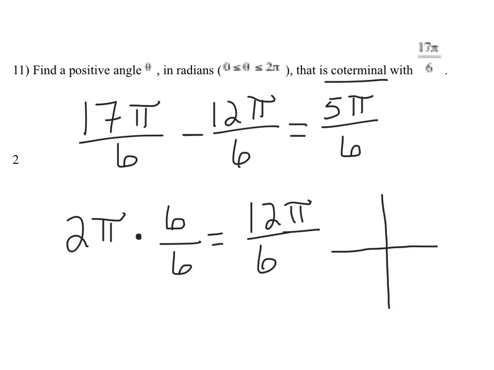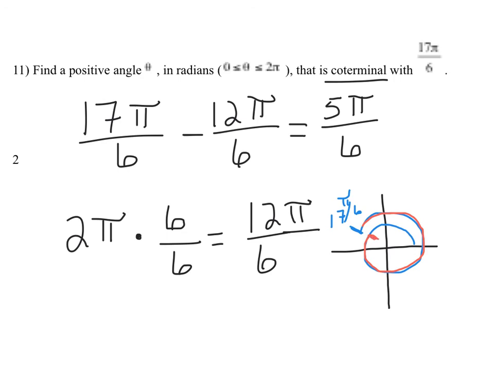Okay, so what this looks like is we start at the standard position and we go all the way around to here. Now, if I did that, that's going to be my 17 pi over 6. So what we did by subtracting 12 pi over 6 was go back all the way around 1 time until we stopped right here.